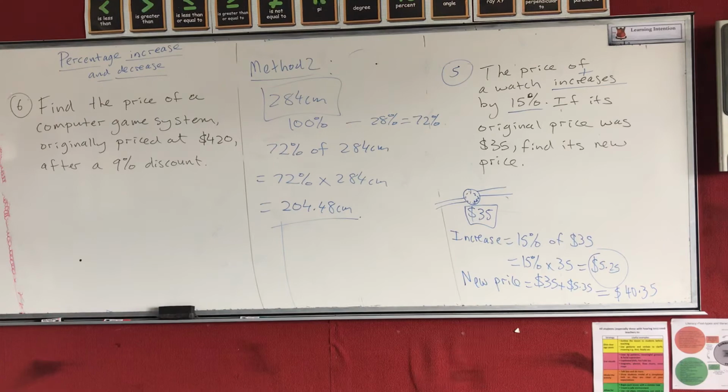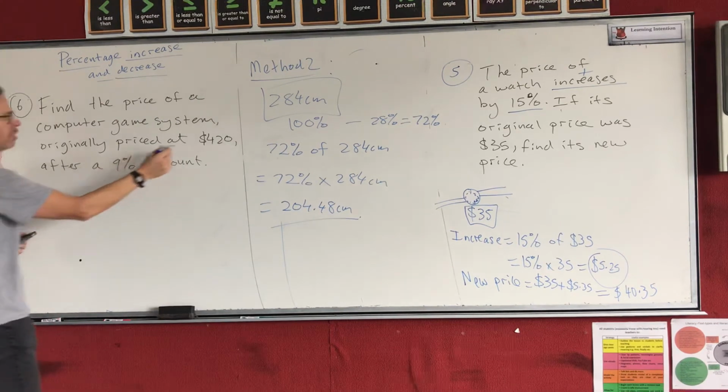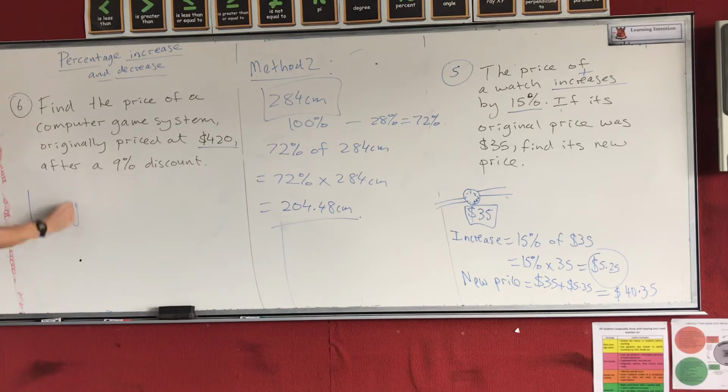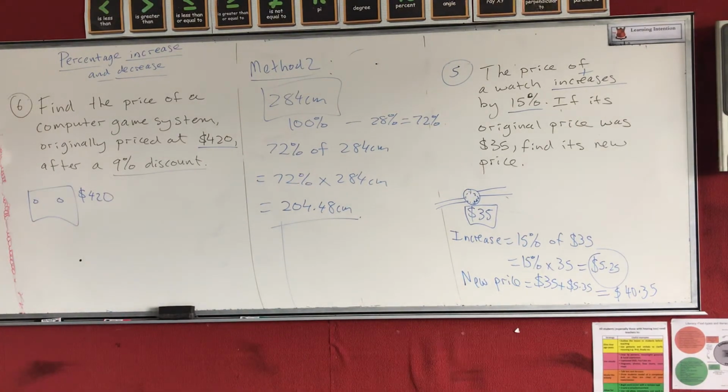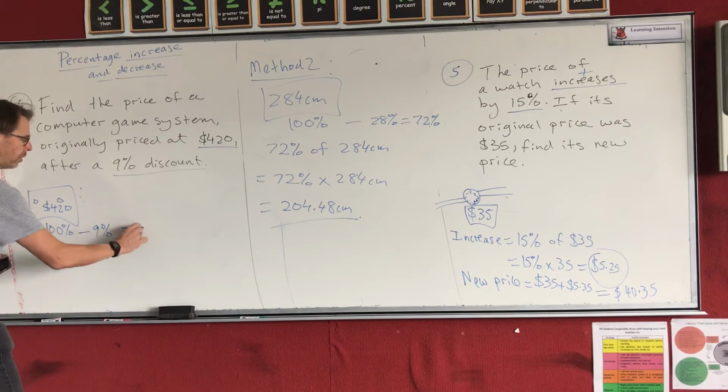Alright, so we're going to find the price of the computer game system. So originally $420. So here's my computer game system and $420 is the original price. Now there is a 9% discount. Discount means you're getting it for cheaper, so you're subtracting. So if this is my price here, and this is my 100%, I'll do this the alternative method, 100% subtracting 9%, which is 91%.